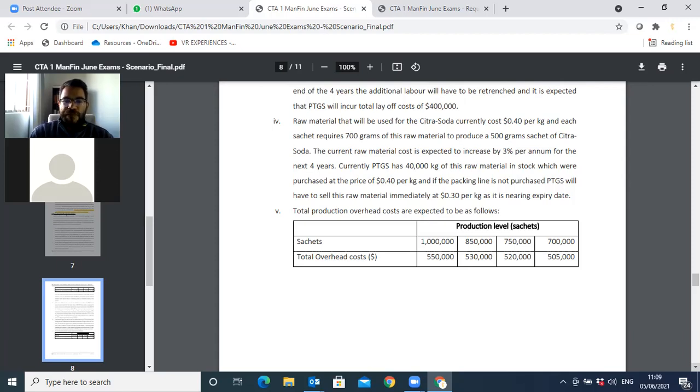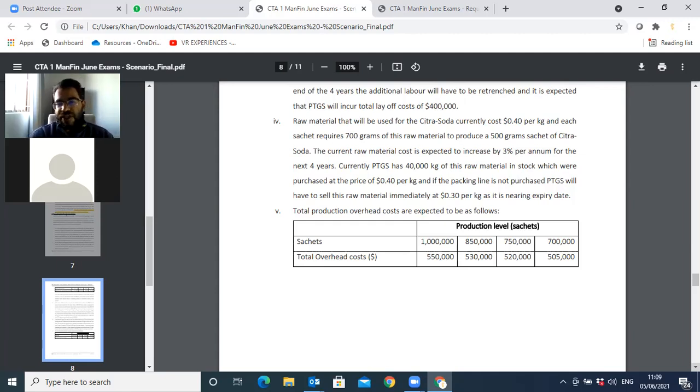Currently, PTG has 40,000 kilograms of this raw material in stock, which were purchased at the price of 40 cents per kg. And if the packing line is not purchased, PTG will have to sell this raw material immediately at 30 cents per kg, as it is nearing expiry date.